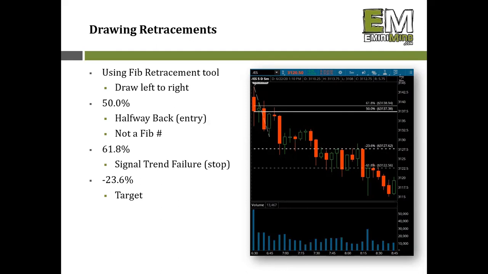But the idea from there is you want to keep as many contracts or shares on for as long as possible. So if you get in a swing trade and you get a big pop the first day and you want to take a little bit off just to ensure that you're locking in some profit, that's totally fine. And then you have some more wiggle room.